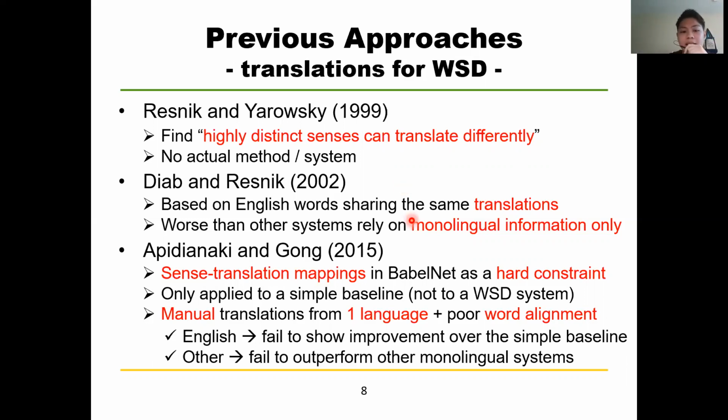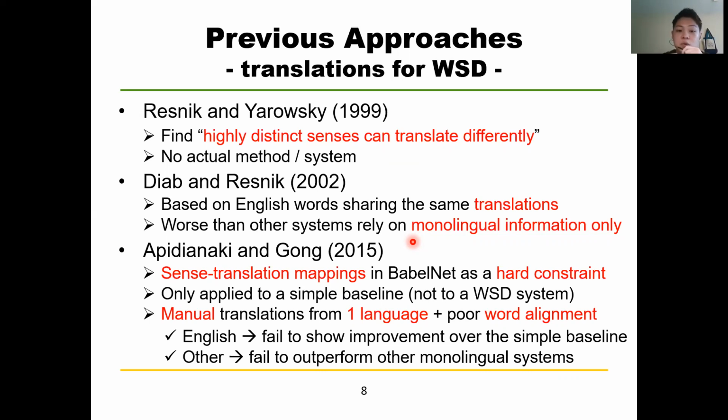More recently, Apidianaki and Gong leveraged sense translation mappings in BabelNet, as I mentioned earlier, as a hard constraint to improve WSD. However, instead of employing an actual WSD system, they just applied their simple hard constraint to a very simple baseline. They also used manual translations, which are not always available, and used translations from a single language only.